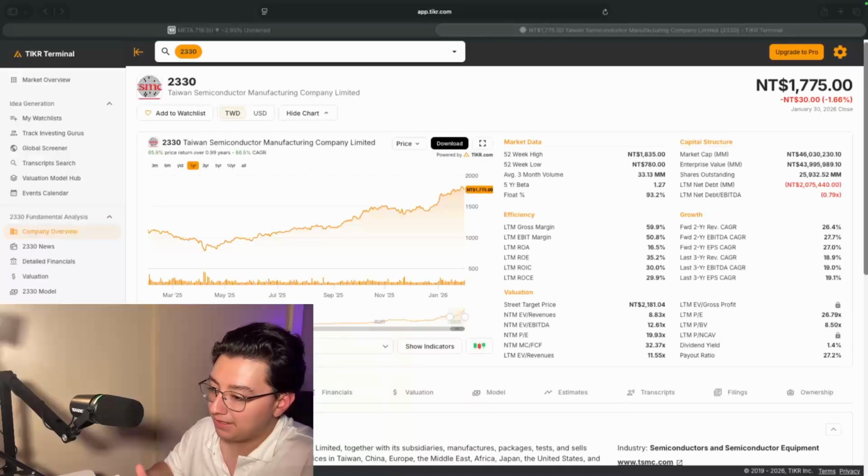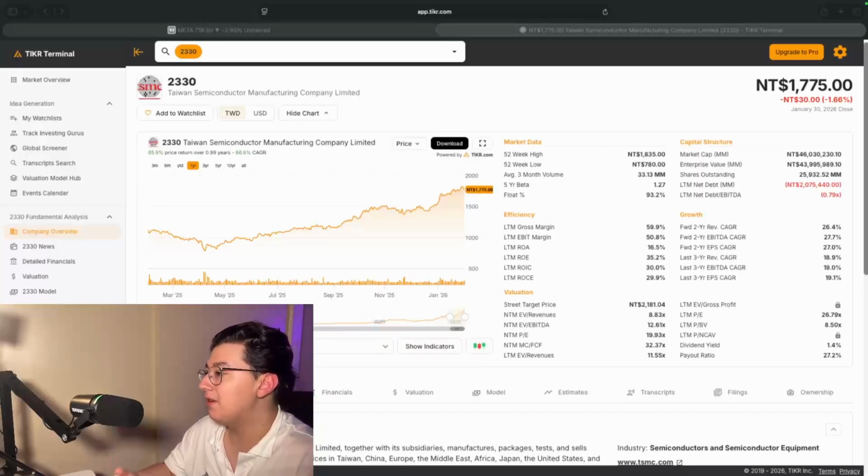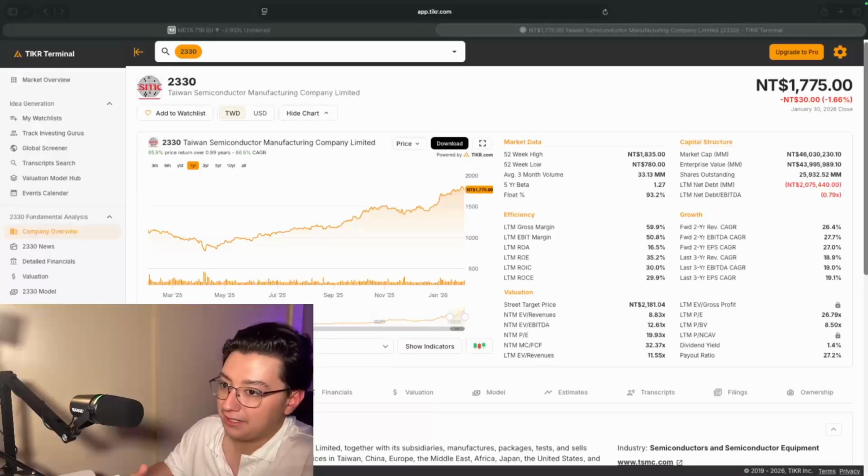And this company basically has a monopoly on the advanced chips, and they supply big companies like Apple, Nvidia, and stuff like that. And think about it, when you see companies like Nvidia, that are the biggest companies in the world, they're actually at the end of the day just designing chips. The ones that are doing the hard work and actually making these are Taiwan Semiconductor. And I don't think that's going to change anytime soon, because I find it very hard for someone to be able to replicate this technology soon.